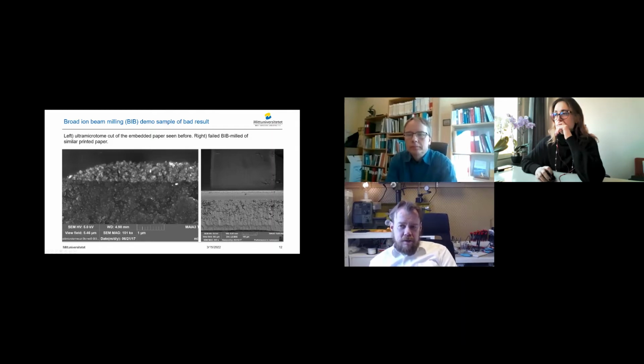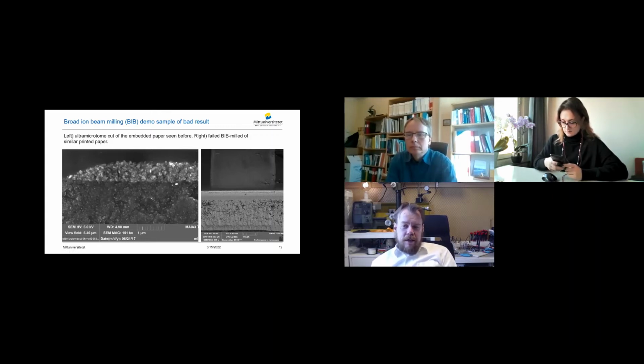This machine cannot deliver good results on this because we have a hard material on the paper that needs high power to be able to cut it clean, but we have a soft, delicate silver nano ink that is very beam sensitive, so that doesn't mix well, and it destroys the results for us.